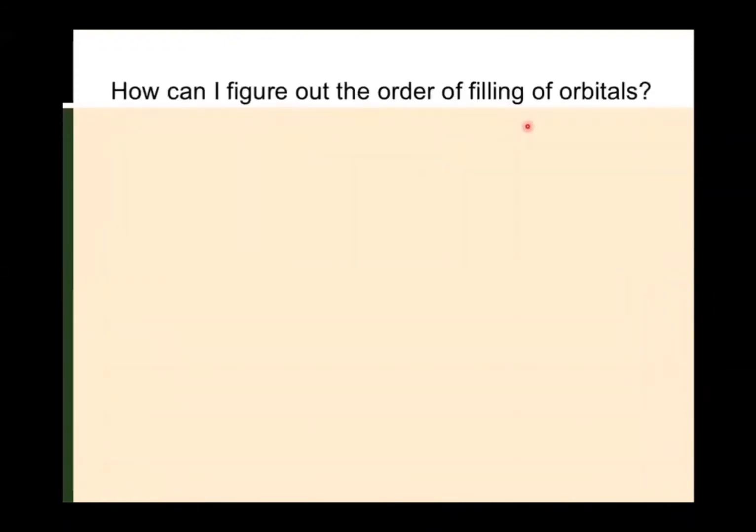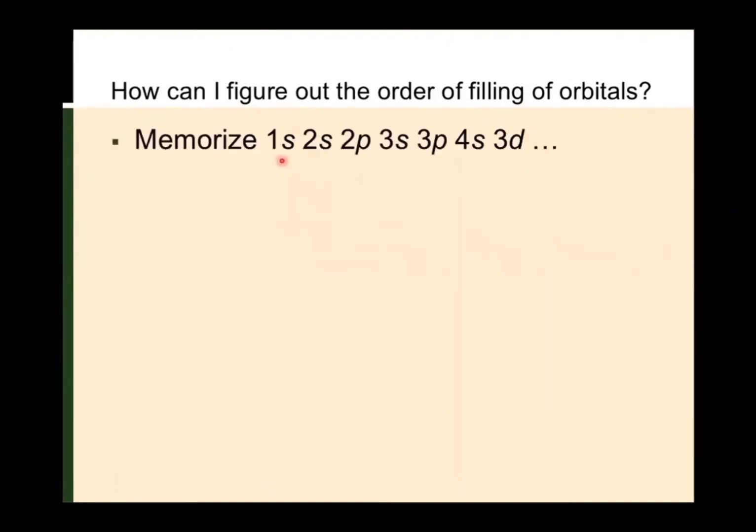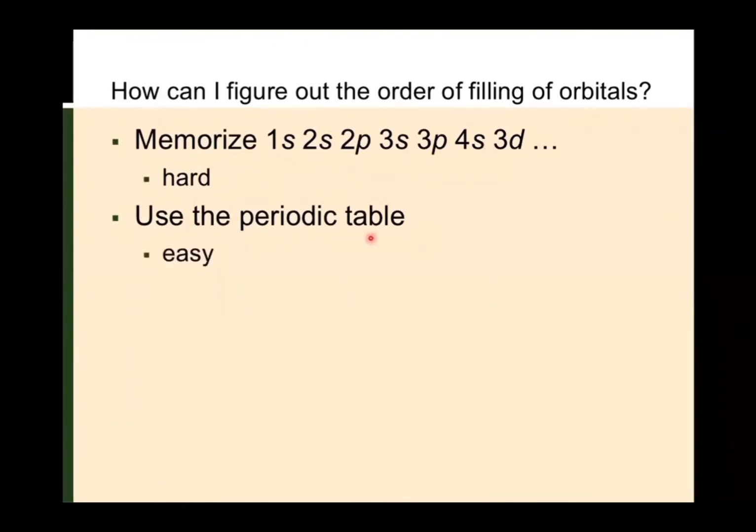So can we figure out the order of filling of orbitals? One, we could memorize that it's filled 1s, 2s, 2p, 3s, 3p, 4s, 3d. You could memorize that, sure. But a better way would be to try and use the periodic table. So this is much easier.